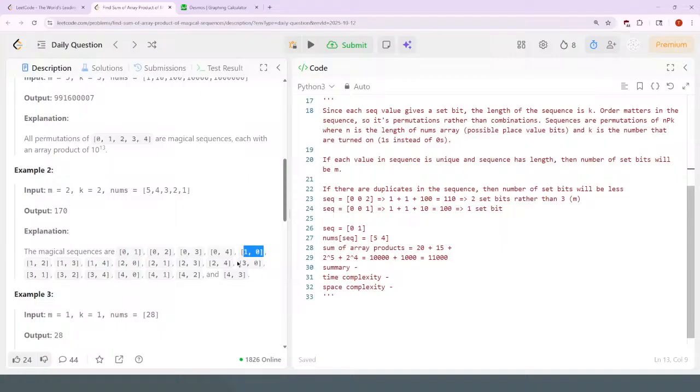They both can be 20. Okay. Products don't matter.